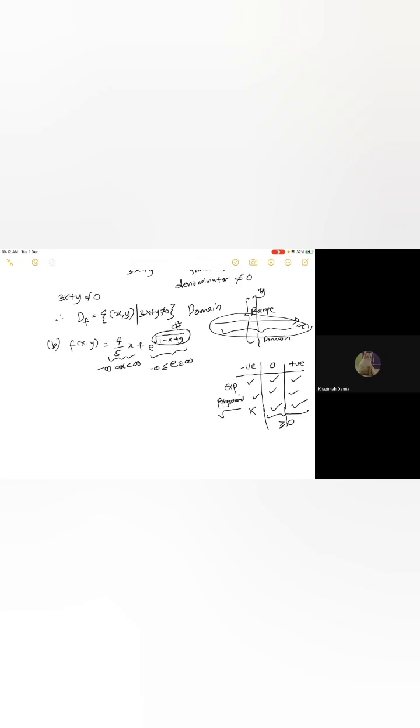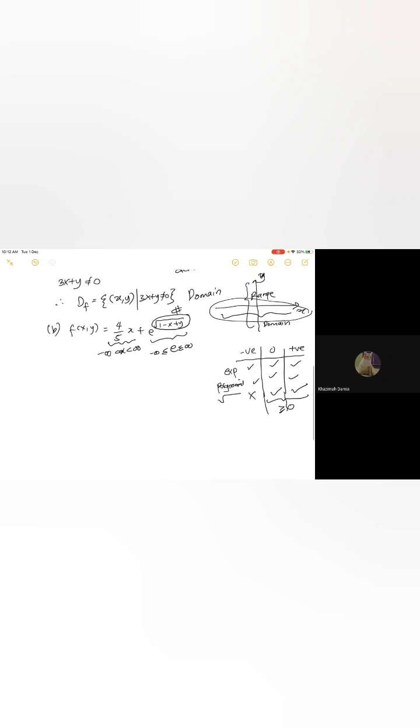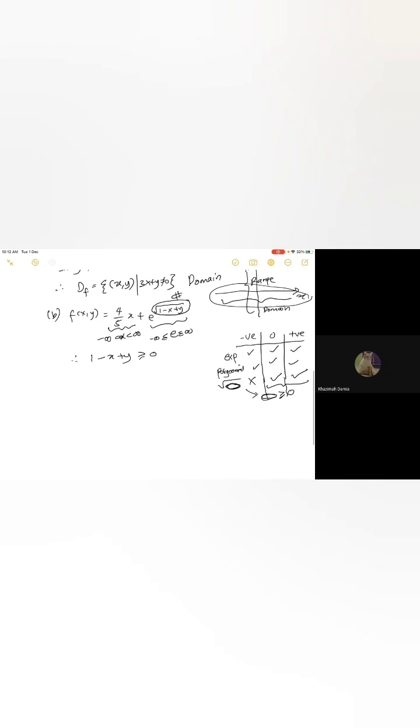Okay, equals to 0, so 0 is included. Okay, so in this function, the 1 minus x plus y must be greater than or equals to 0. Whatever is in your square root, the term in your square root must be greater than or equals to 0. So now in your square root you have 1 minus x plus y. So this is your domain.